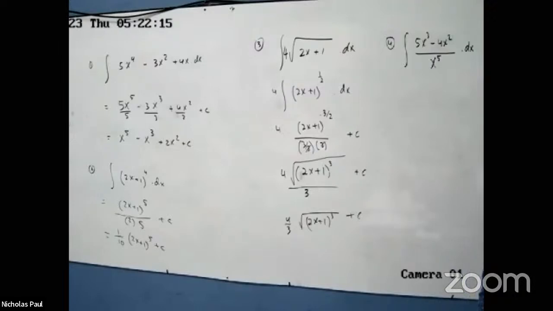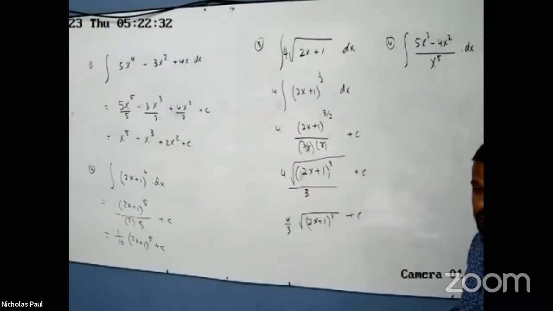How would you integrate something like the quotient rule? Any ideas? What can we do?